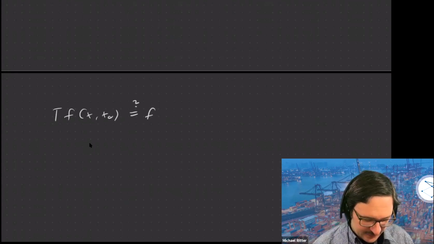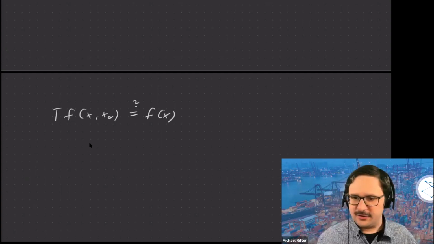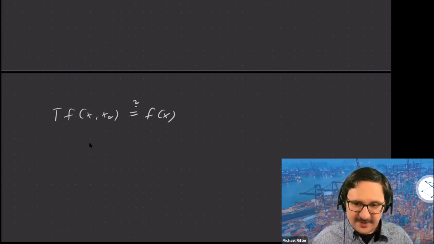So the question is, even if we know that the Taylor series of a function might converge, it's not quite sure whether that actually converges to the function value at certain points x. It might converge to something entirely different. And that is a question that you can answer by looking at the remainder.